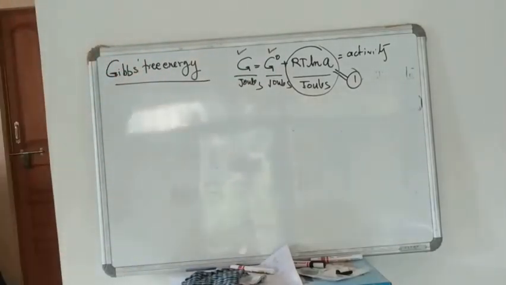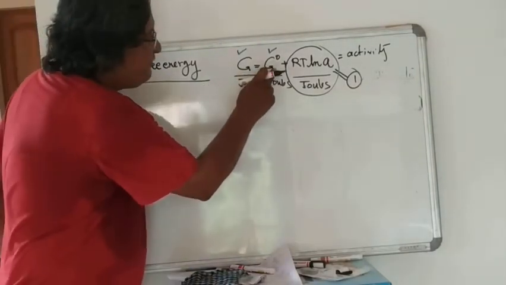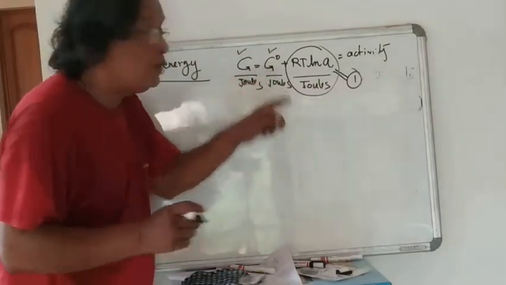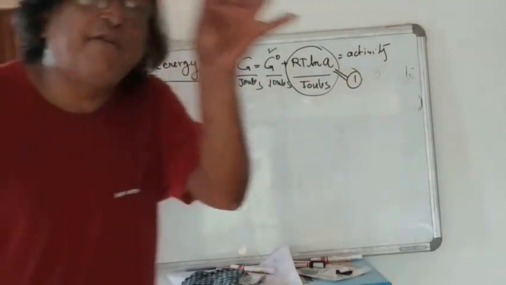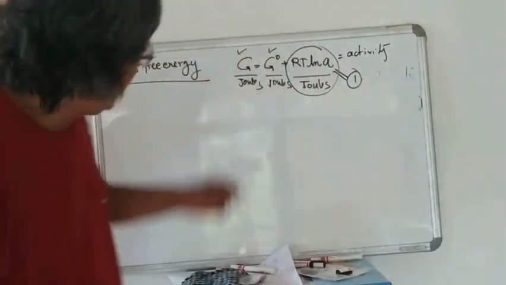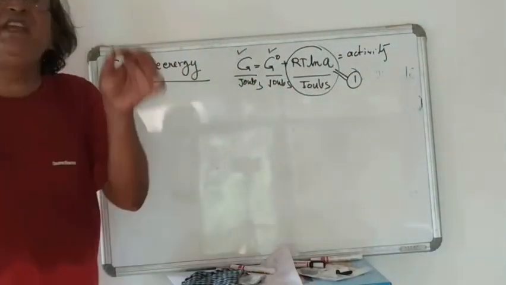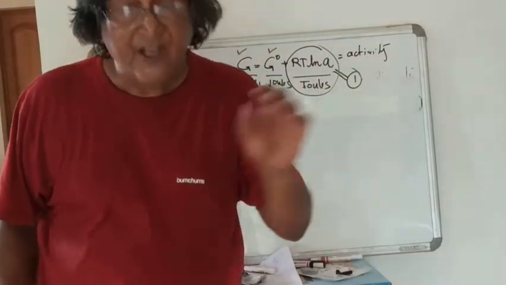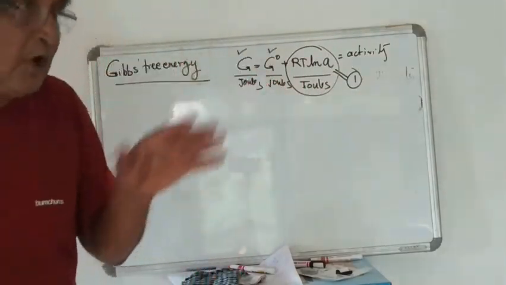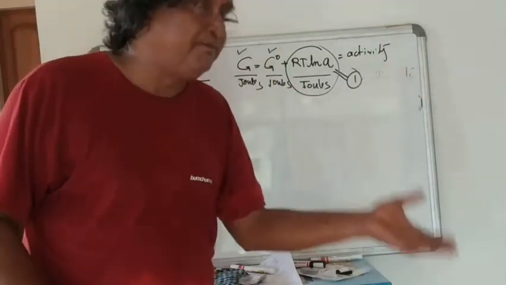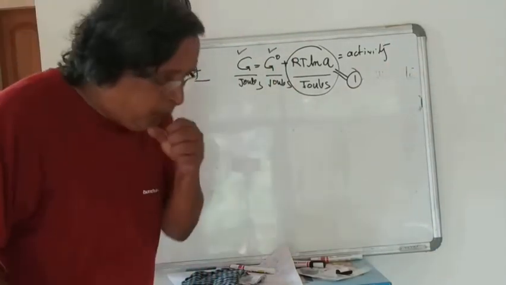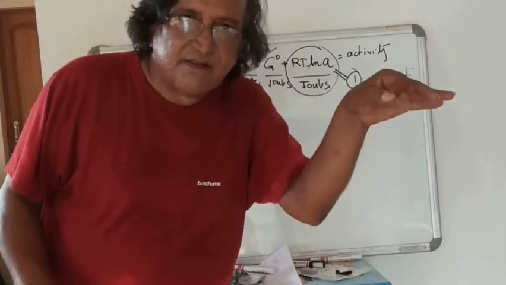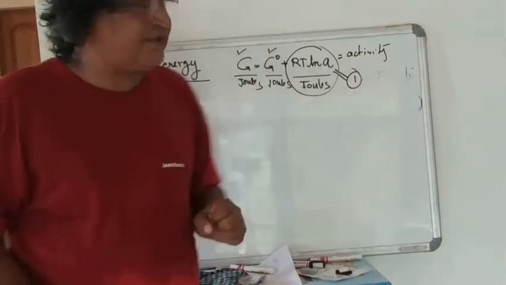That means G0 is the free energy of a pure phase. And G is the free energy of the phase. Tomorrow we will see it's not the phase, it's called a phase component. G is the free energy of a phase. It has two parts.